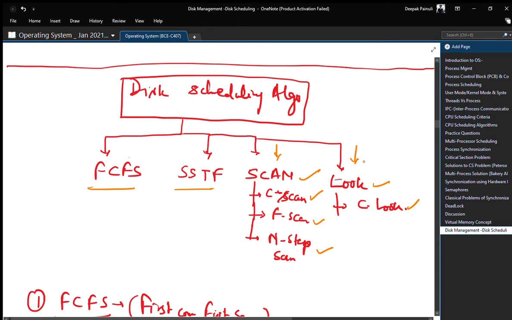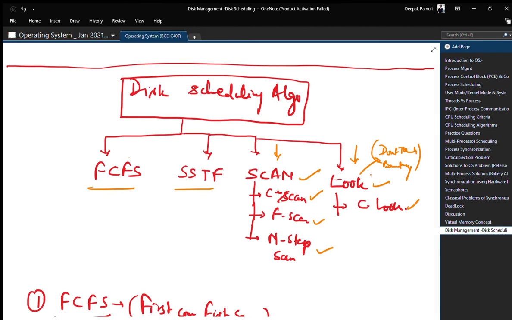So don't be confused. Remember one thing, in case of LOOK, don't touch the boundary of the disk, right? The only difference between SCAN and LOOK is that in case of SCAN it will scan throughout the disk, and in case of LOOK it will scan only the requested cylinders of the disk, not touching our disk boundaries.